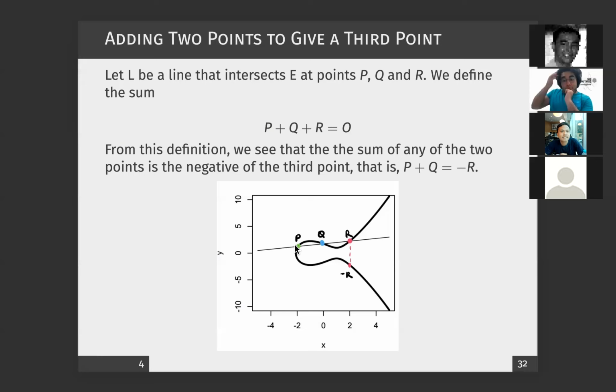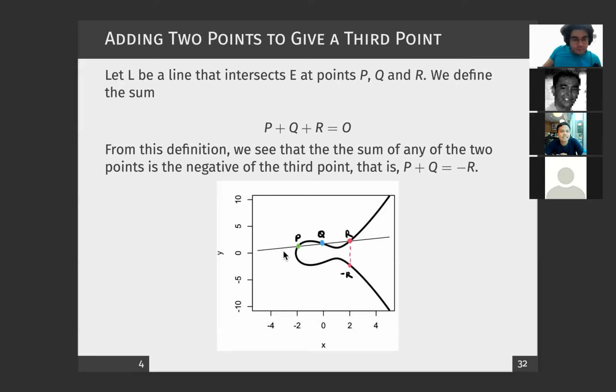Therefore, P plus Q is equal to minus R, and minus R is by definition the mirror image of this point across the imaginary vertical line.